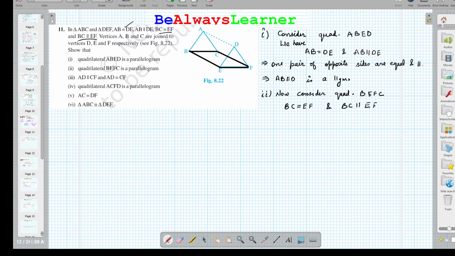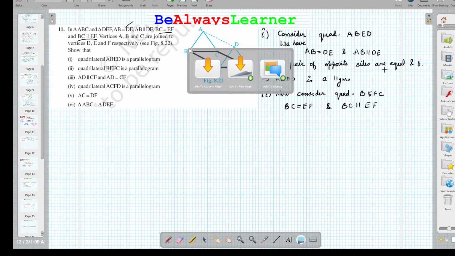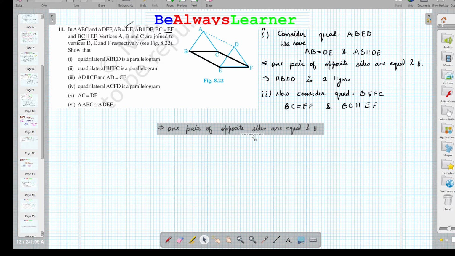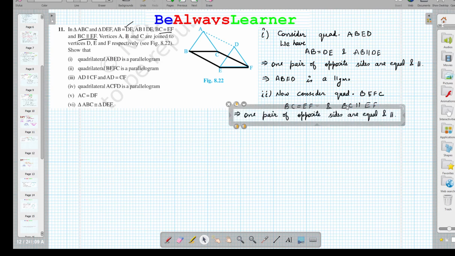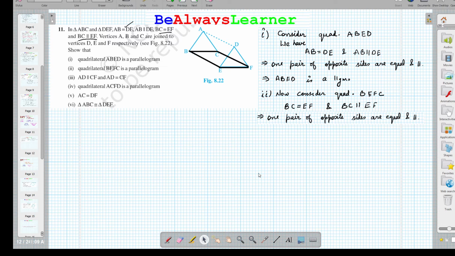For the same reason, one pair of opposite sides are equal and parallel, so we can say that BEFC is a parallelogram.